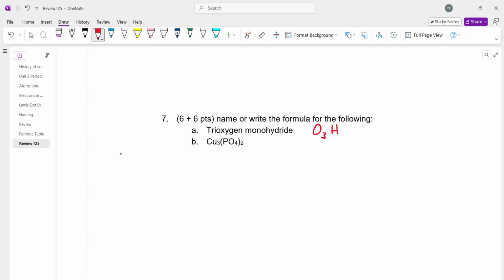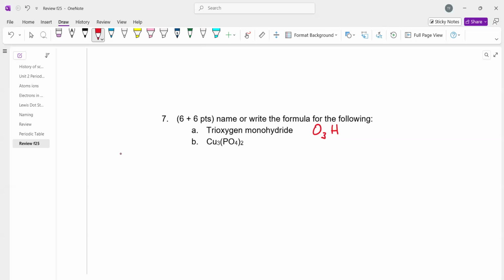Okay. Given the formula copper phosphate, what's the name? If you look on your common ion chart, copper comes in 2 flavors, copper 1 and copper 2. Copper 1 has a charge of +1, copper 2 has a charge of +2.